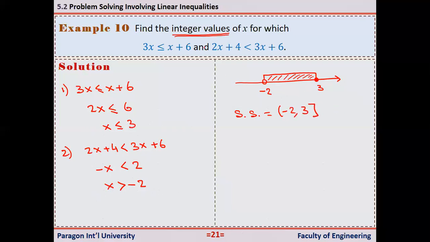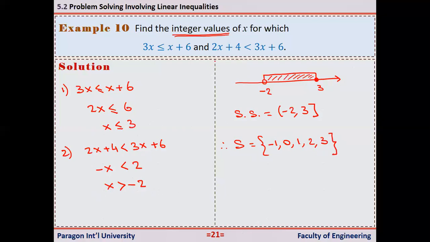But here the question is, we need to find the integer values. So what integer values do we have here? Before -2, we have -1, and here we have 0, and 1, and 2, and 3. So all the integer values of this solution of this inequality will be -1, 0, 1, 2, 3.